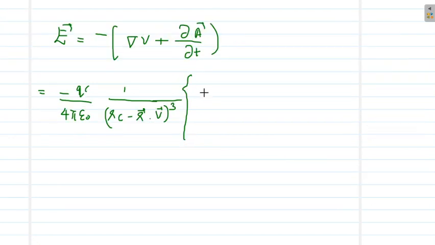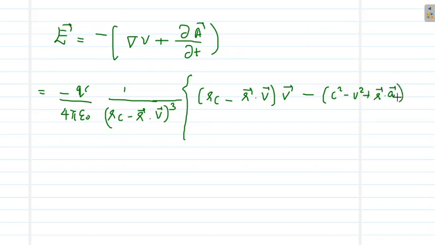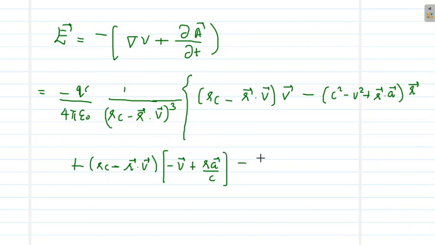So let us write them: rc minus r bar dot v bar into v bar, minus c square minus v square plus r bar dot a bar into r bar, plus rc minus r bar dot v bar into minus v bar plus r a bar by c, minus c square minus v square plus r bar dot a bar into minus v bar into r by c.